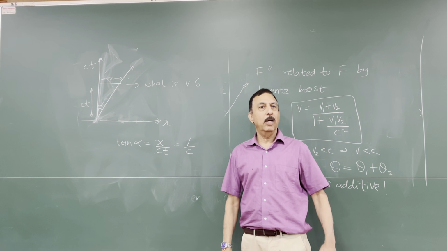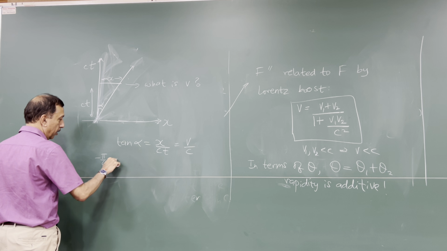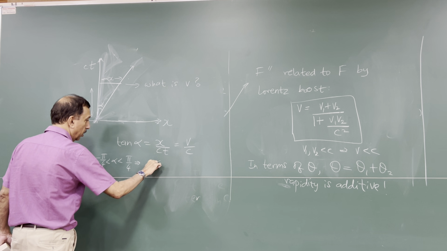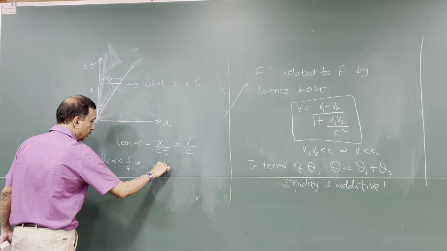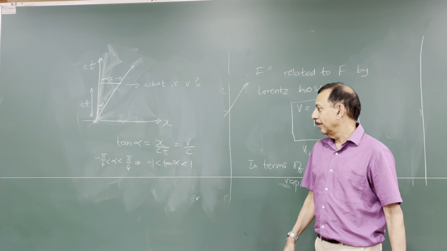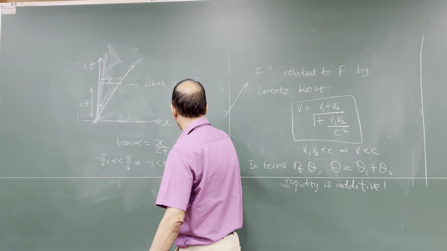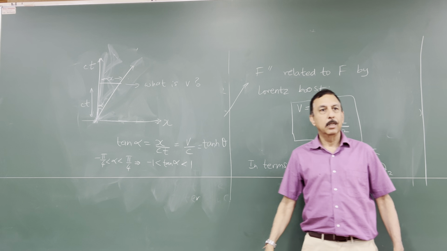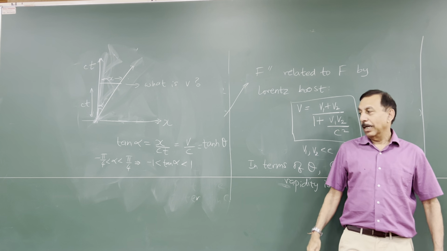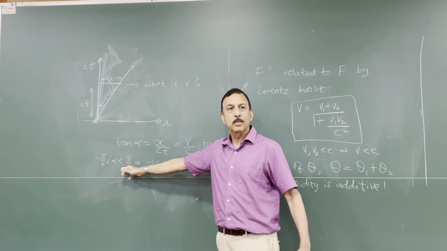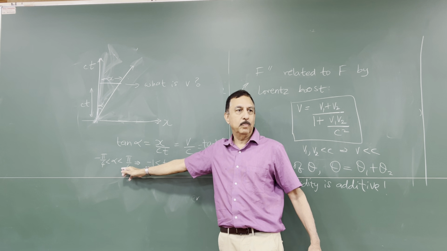So minus pi by 4 less than alpha less than pi by 4 implies -1 less than tan alpha less than 1, and so we are back to our old friend v by c being less than 1, which it has to be. Okay, and in fact we get the relation that tan alpha is tan hyperbolic theta, but theta can have any range from minus to plus infinity. Alpha has only a range minus pi by 4 to plus pi by 4.